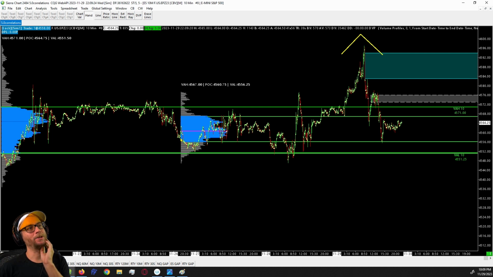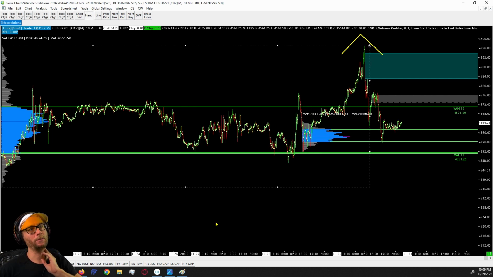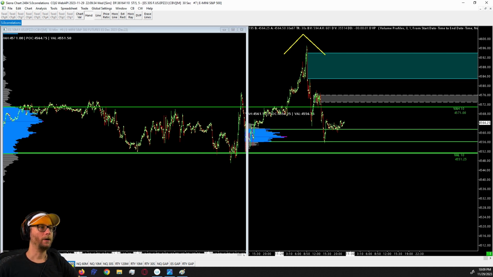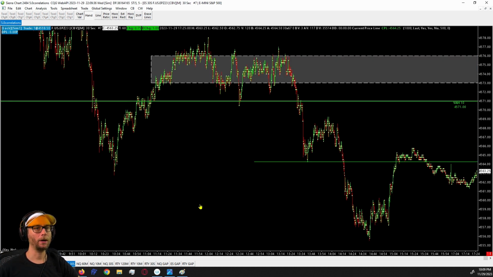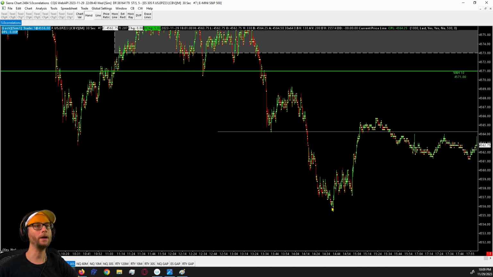I had something drawn here. I don't remember exactly what it was. I think it could have been that, to be honest. That makes sense because there's a range there. But we come in and we hit right at that area. And I would have scaled the first 2/3 off right there. 44 tick trade for me. That would have fixed all my problems, even with the shitty trades accounted for.